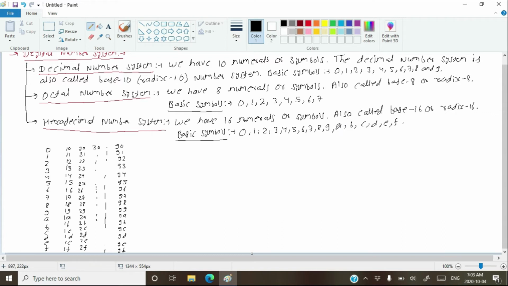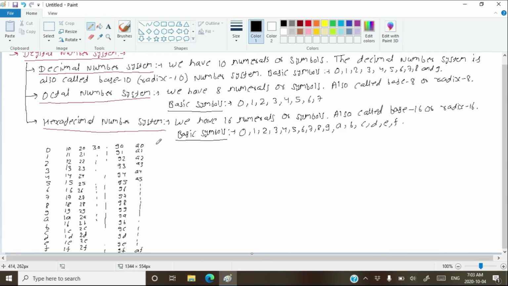So now we have to continue our counting like A0, A1, A2, A3, A4, A5. You keep on counting like this and you reach AF.